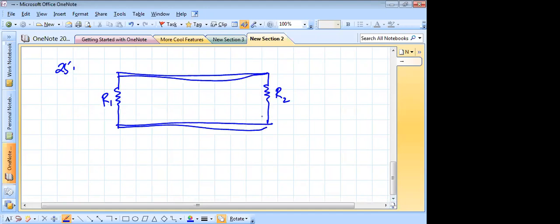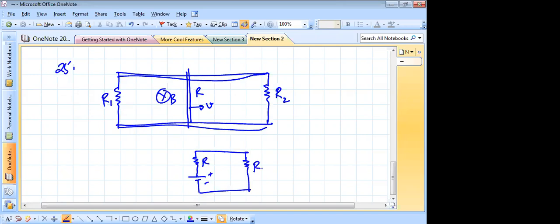And in between you have that thing, which is moving with velocity v and it has a resistance capital R and there's a magnetic field going into the plane. So इसका equivalent circuit कैसा बन जाएगा? Magnetic field is into the plane, so this will again act like a battery like this, okay, and resistance capital R like this. So this is your equivalent circuit.